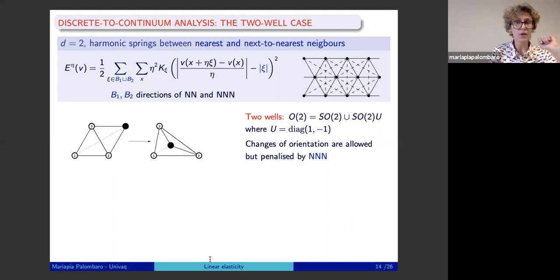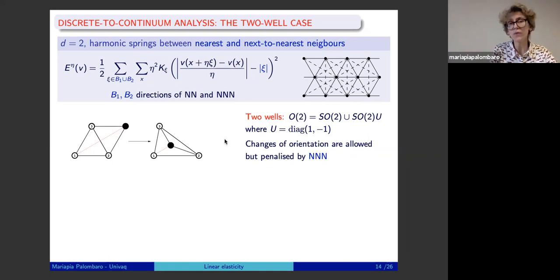So now reflections are allowed, which means that this kind of deformation is allowed, we can change the orientation of the triangles in the deformed configuration. This means that the energy will be minimized on the rotations and on the set of reflections, right? However, if we only take into account nearest neighbors, we cannot have compactness.